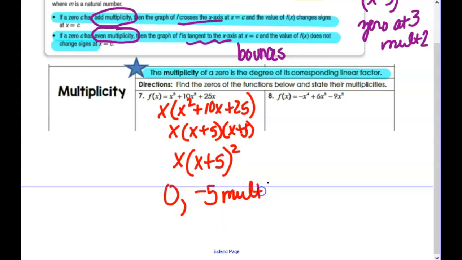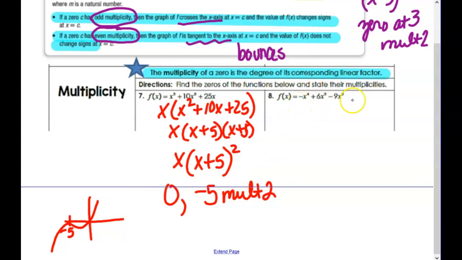It's called multiplicity 2 because it had a 2 exponent. And if we were to graph it, it's an odd degree with a positive leading coefficient, so it comes from here, but at -5 it's going to bounce and then it's going to cross at 0. I'm going to spend more time on that in a minute.